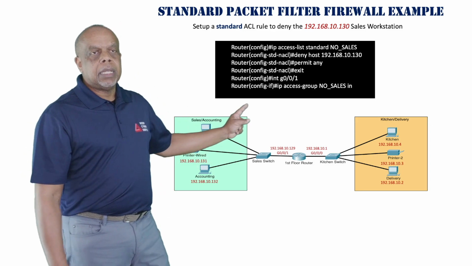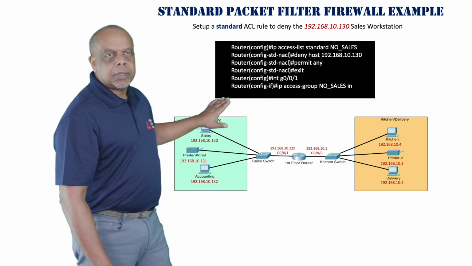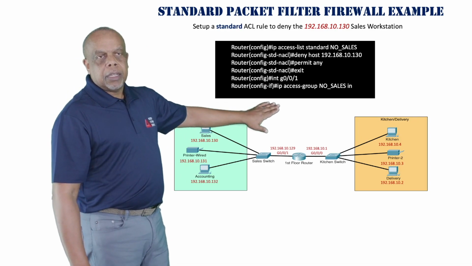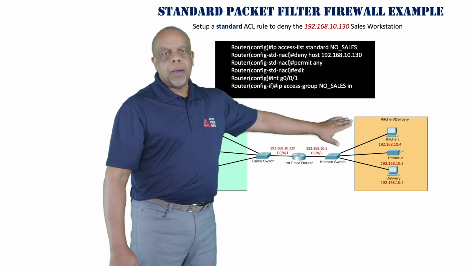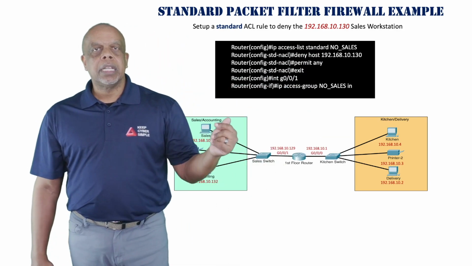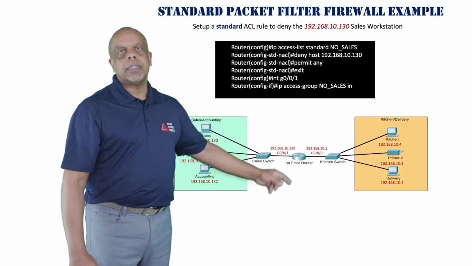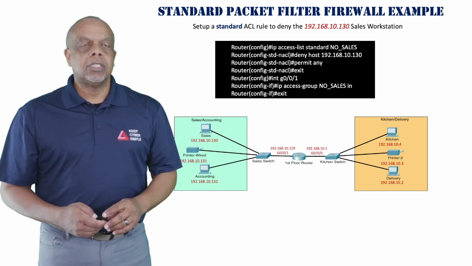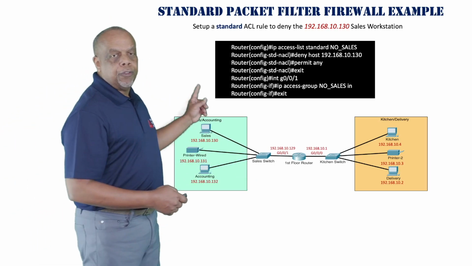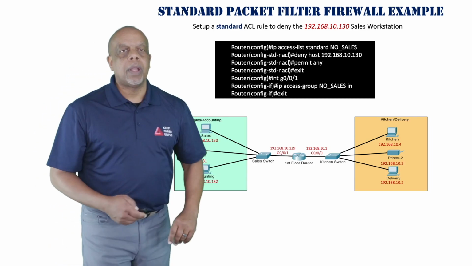I'm going to put this statement in, ip access-group no_sales in. So basically I'm saying I want to apply the access group named up here, no_sales, and I want it in, meaning that it's going to look at anything coming into this interface on the router right there. Pretty simple. And I'm going to exit out of that. And now my access list should be set up. This router now is going to filter and deny anything for that host right there.